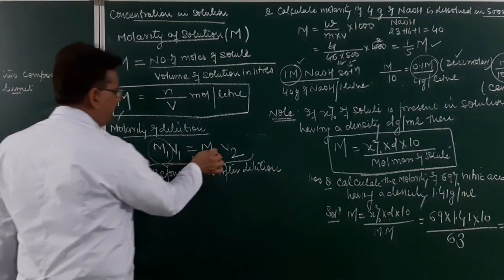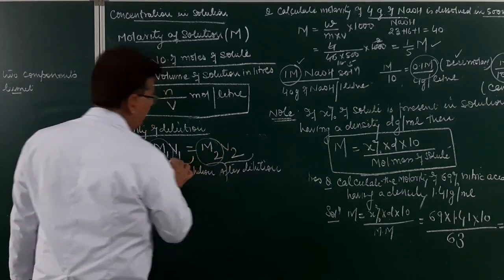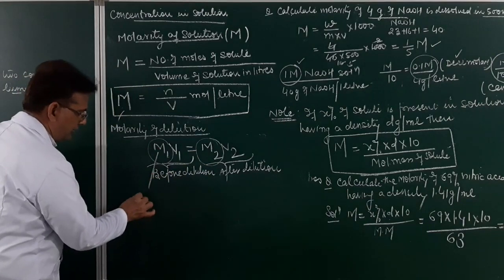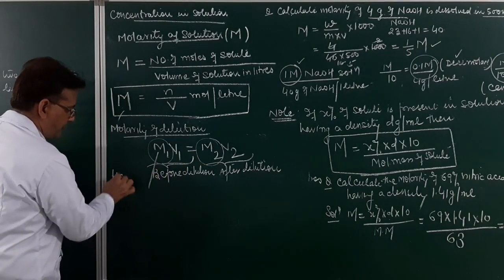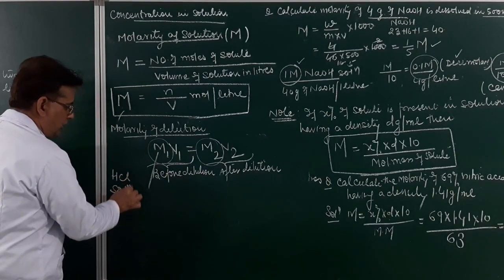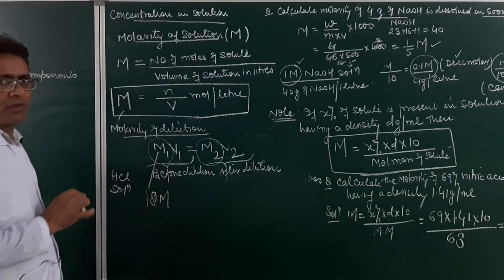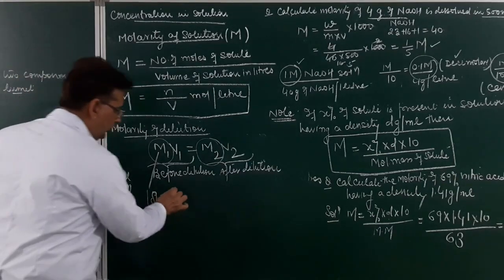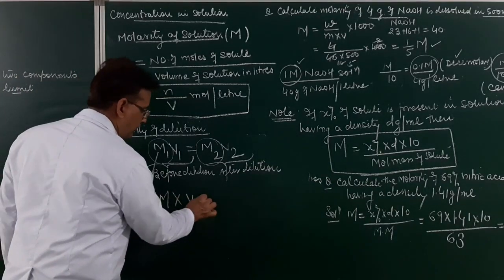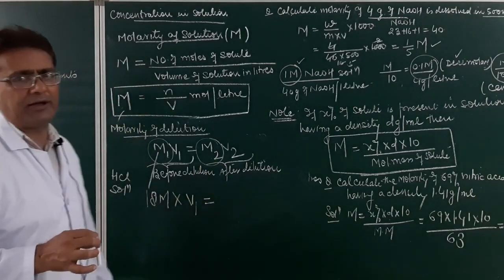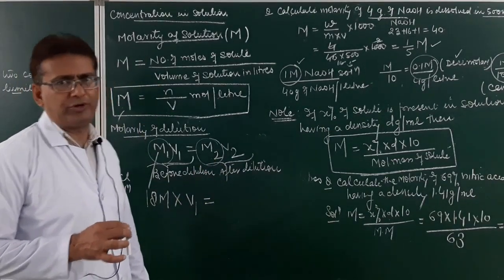From here we want to prepare a solution of a particular strength. Suppose we are given HCl solution, and suppose the standard molarity of HCl is 18 molar, into V1. From here we want to prepare a solution for volumetric calculations for the student in the laboratory.